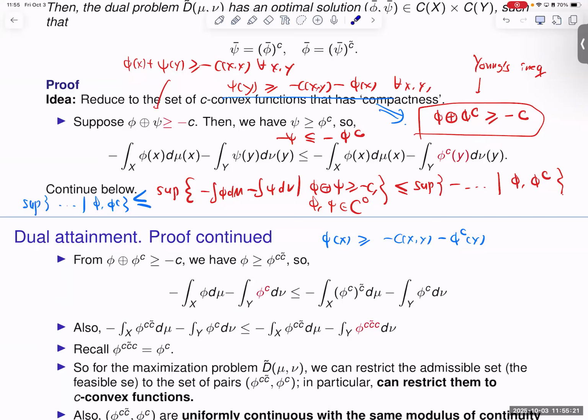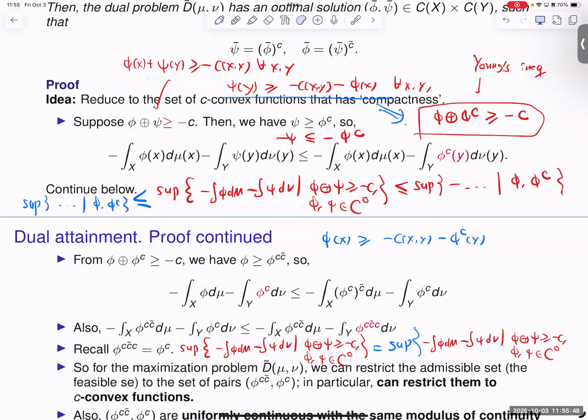So the implication is that the original supremum, let me just copy it here, is the same as the supremum of the same function but with a much smaller subset of admissible pairs.